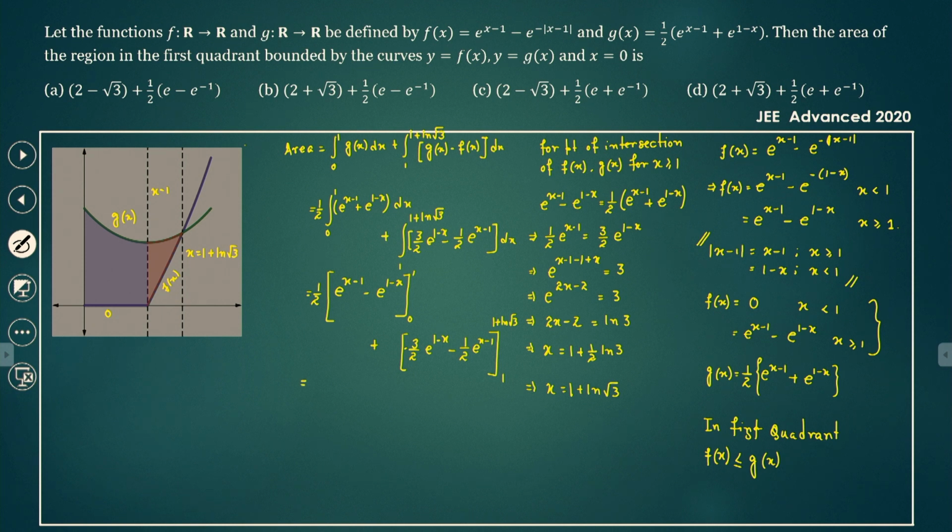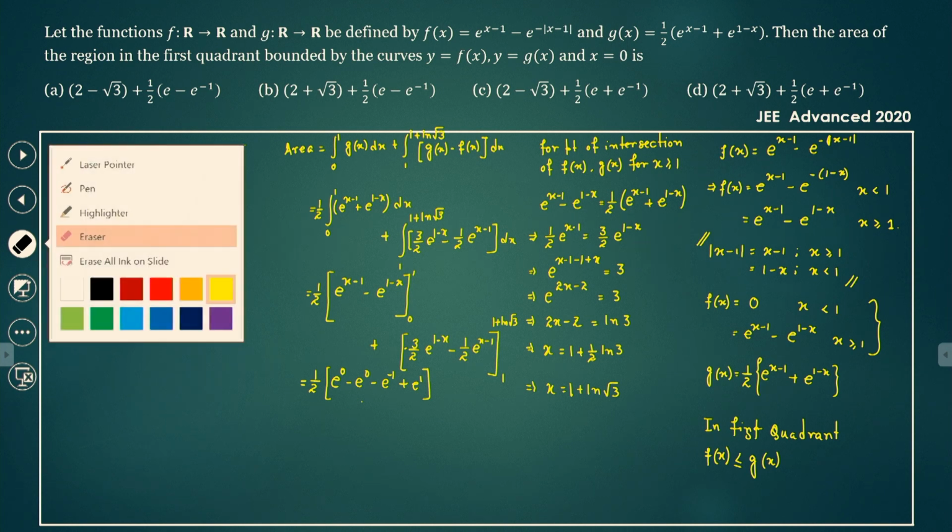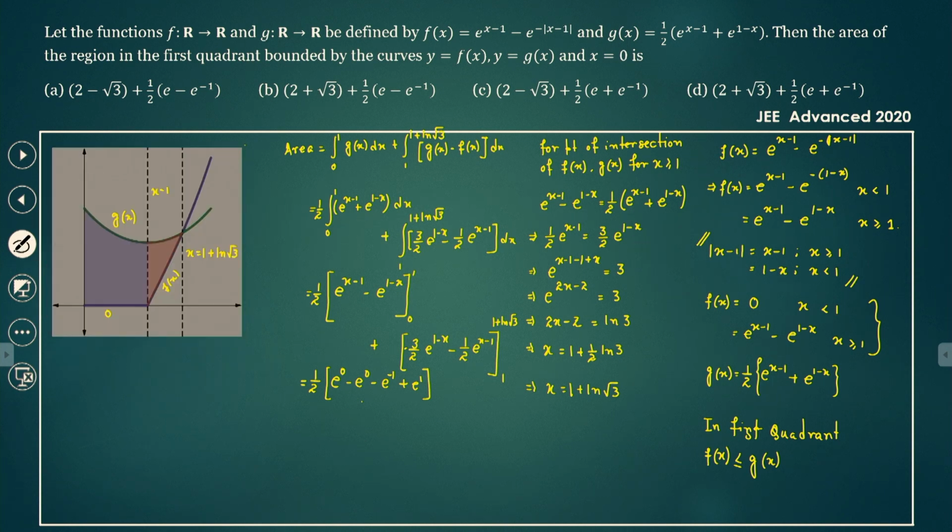So we can say it is 1/2. If I put e to the power 1, we'll get 0 minus e^0. Then if I put 0, we'll get minus e^(minus 1) and plus e^1, and that's it. And if I substitute ln root 3, we'll get minus 3/2. Take that minus out for better calculation, because every sign is important.